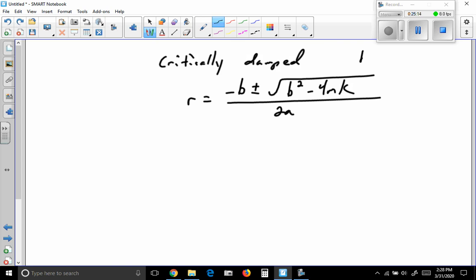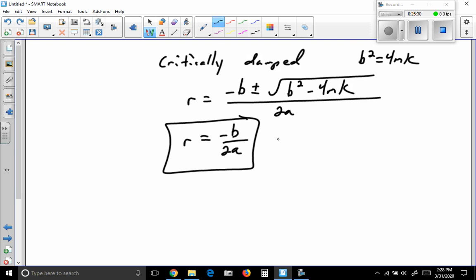But the situation we haven't looked at is when b squared and 4mk are equal. If they're equal, then they have a difference of 0. The square root of 0 is 0. Plus or minus 0 is just this. So we have a single repeated solution. Instead of two different r values, we have a single r value that's repeated.